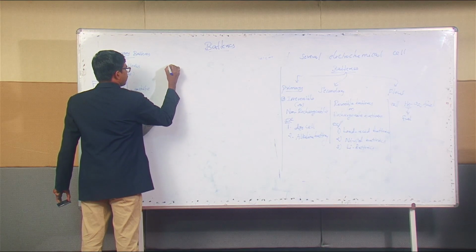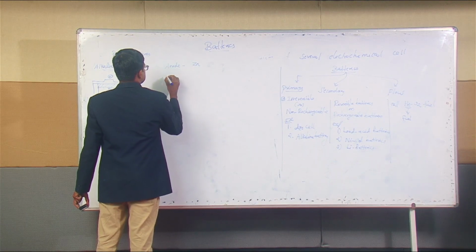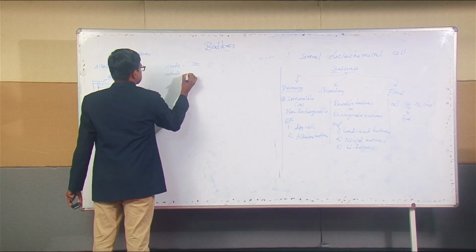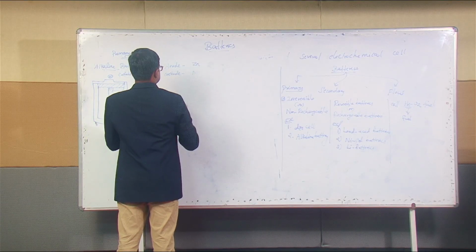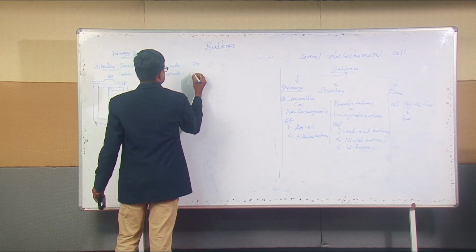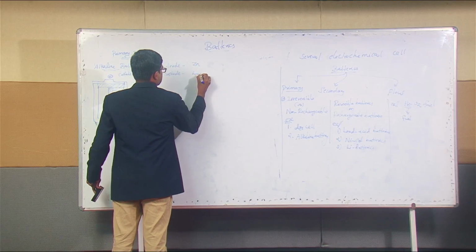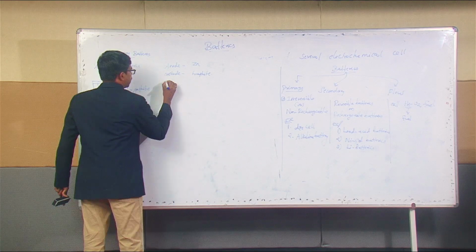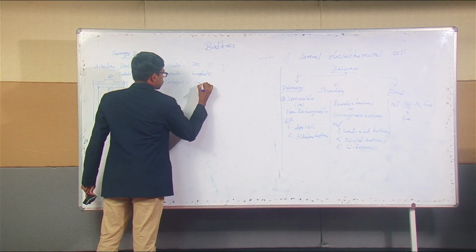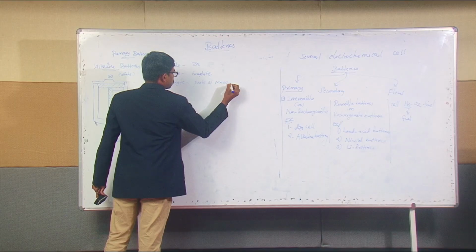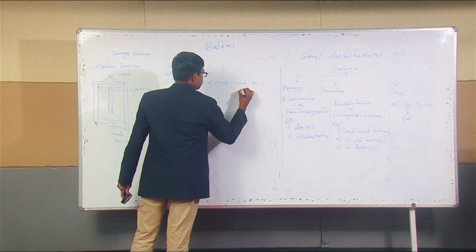So the description is: anode is zinc and cathode is graphite. The electrolyte is a paste of MnO2, starch, zinc and a small amount of graphite.